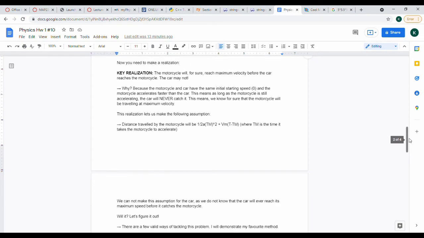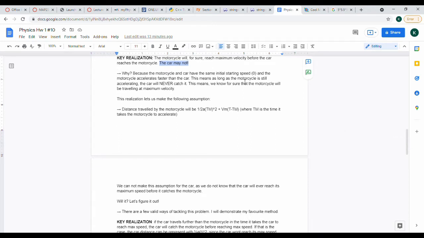So here's a very, very important realization for this problem. The motorcycle will, for sure, reach maximum velocity before the car reaches the motorcycle. So the motorcycle will reach its top speed before the car catches up to it. That's the most important part. The car might not reach maximum speed, but the motorcycle definitely will.